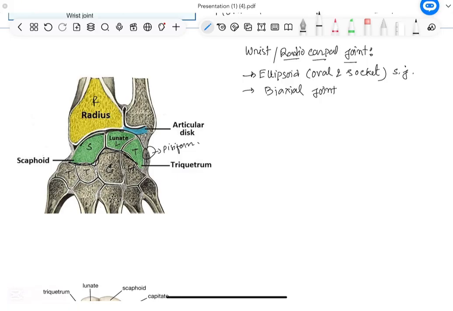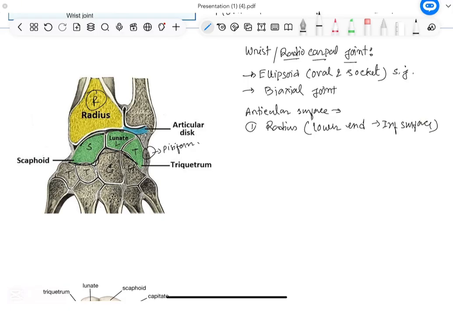Next we have to know the articular surfaces of the wrist joint or radiocarpal joint. There are two: the proximal articular surface and the distal articular surface. In the proximal area, the articular surface will be the inferior surface of the lower end of the radius. So number 1 is the radius, lower end, inferior surface.